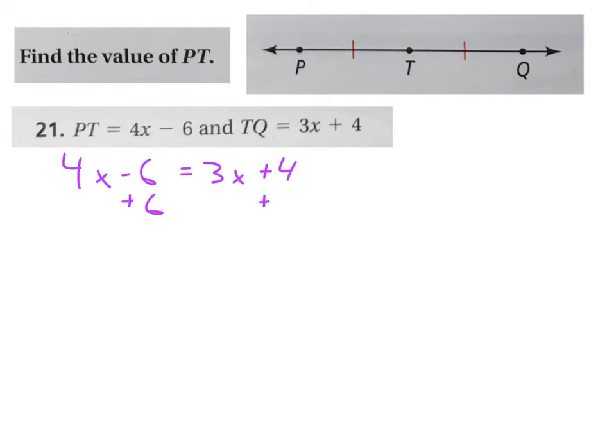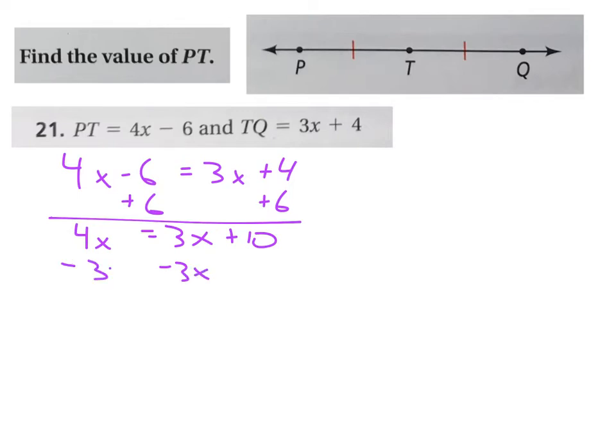Add 6 to both sides, then subtract 3x away from both sides. Isolating the variable, we have x is equal to 10.